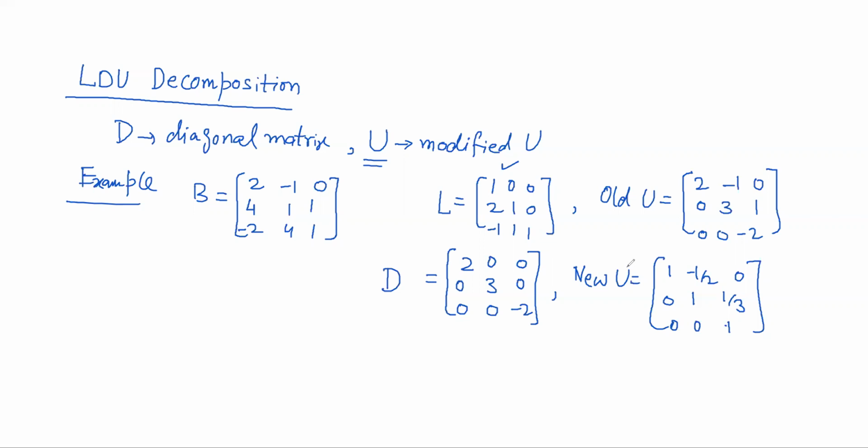So to find D, we will just take the diagonal elements of the old U. And the old U converts into the new U by dividing each element of U by the respective pivot element in each row.